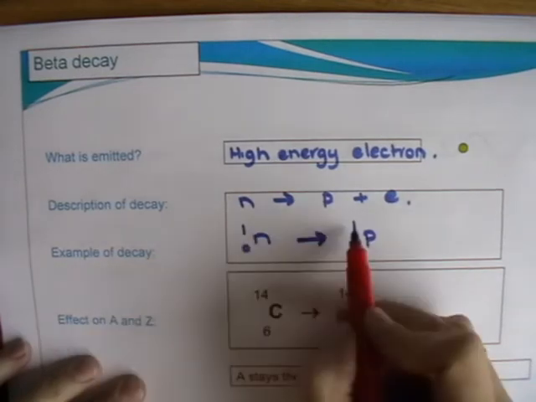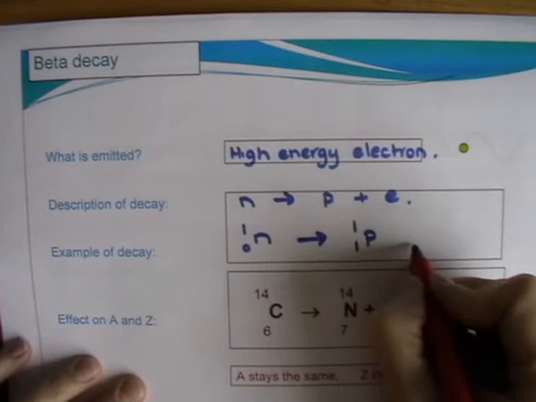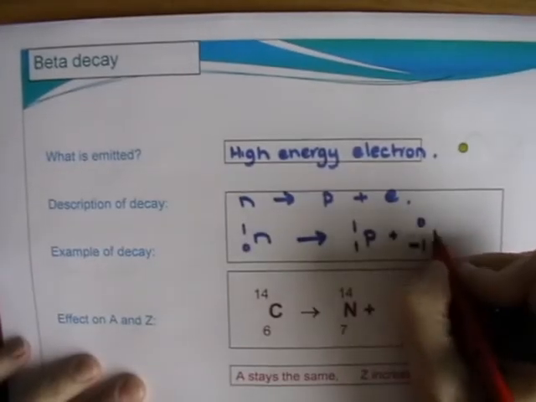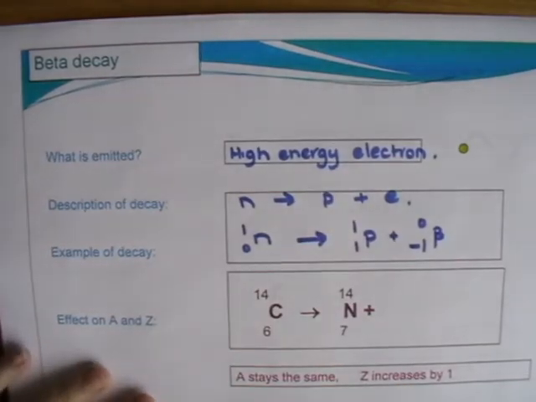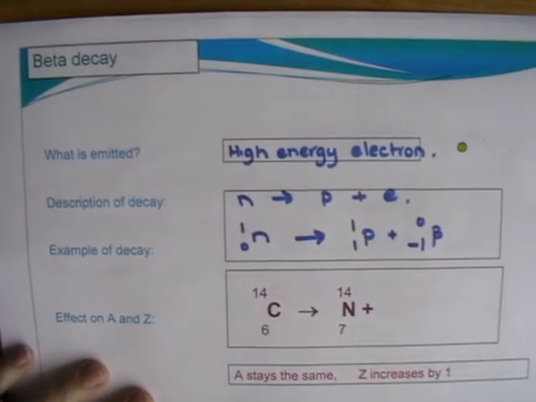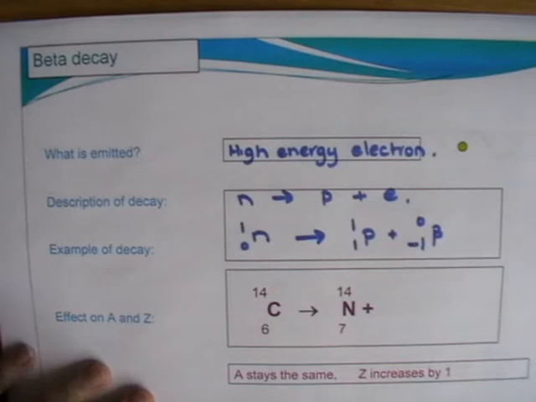So 1 equals 1, that's okay. Naught doesn't equal 1, so we must have a minus 1 here and a naught here, and then it's a beta particle. And that's what a beta particle is. It's a very, very high energy electron which is emitted from the nucleus. You don't need to learn this, but it is a good idea to understand where it comes from.